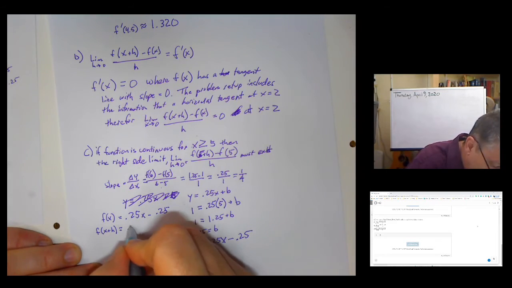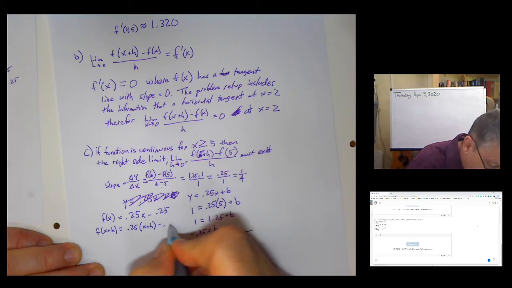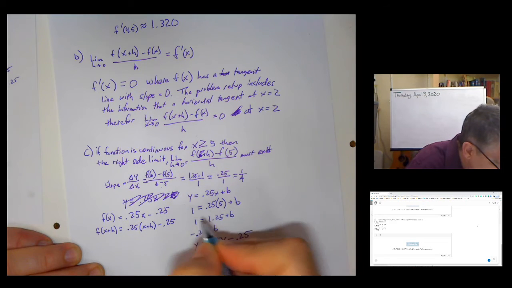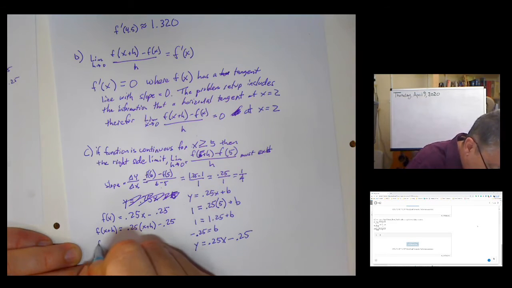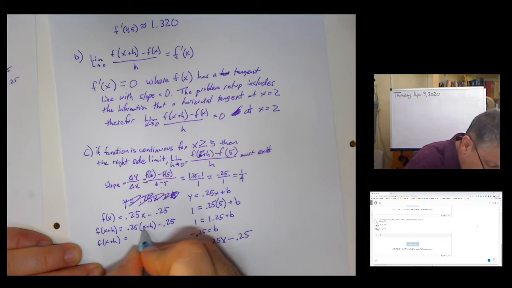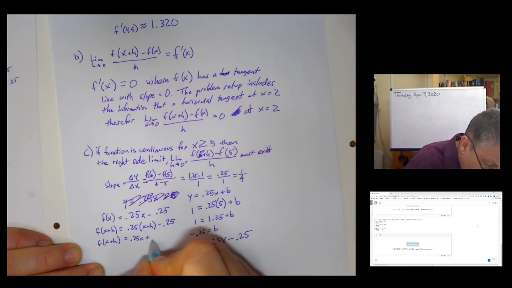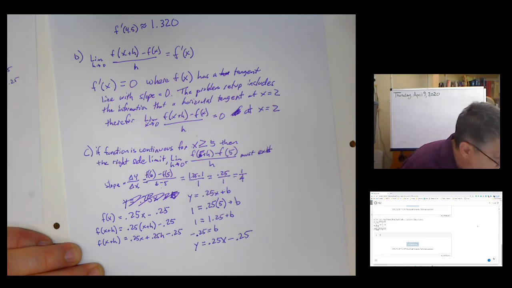It's going to be 0.25(x plus h) minus 0.25, right? That's pretty easy, simple math. Then we're going to distribute that 0.25: f of x plus h equals 0.25x plus 0.25h minus 0.25. All right? Everybody good there?